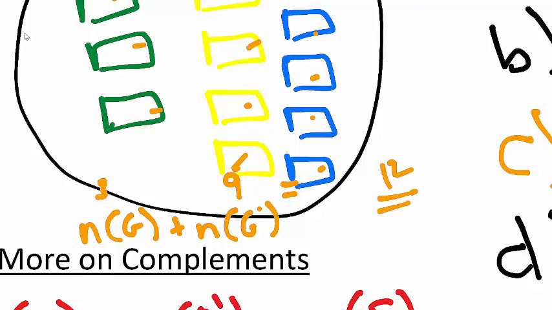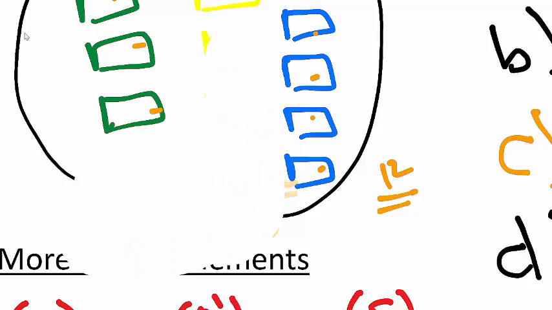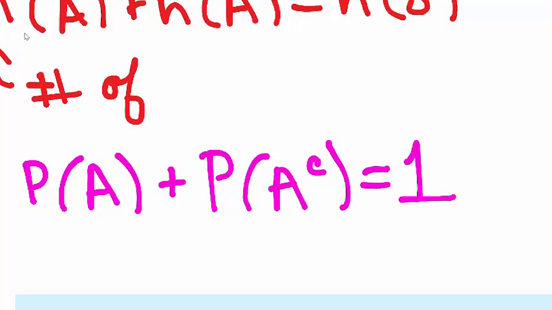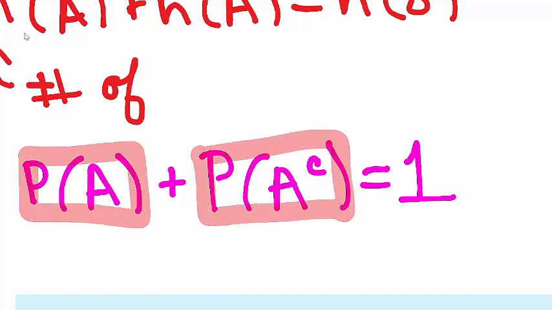That's all that's saying. Also, the probability of getting a green one plus the probability of not getting a green one has to add to 1.